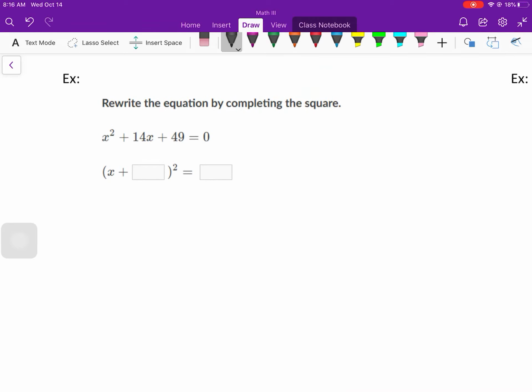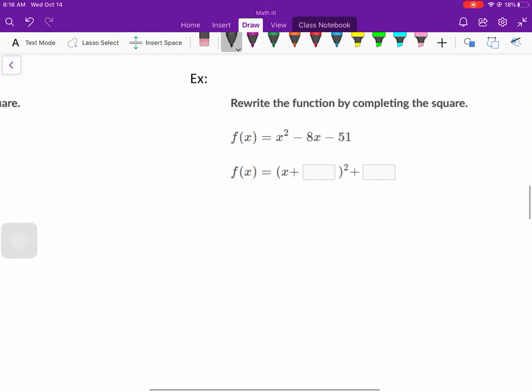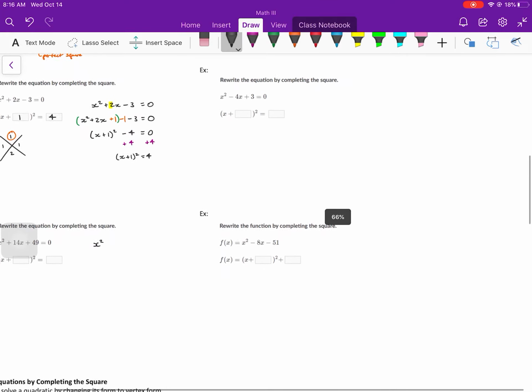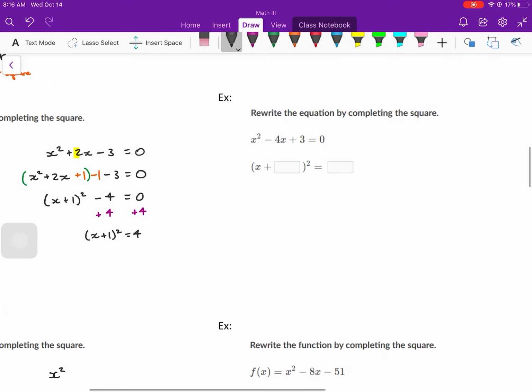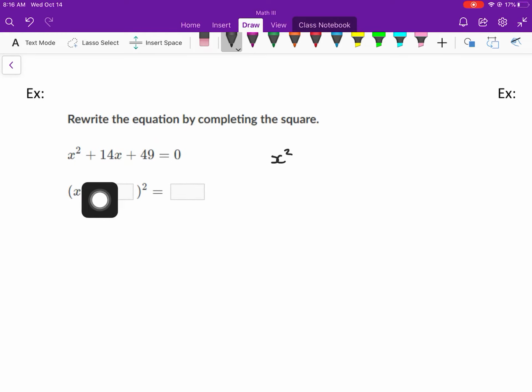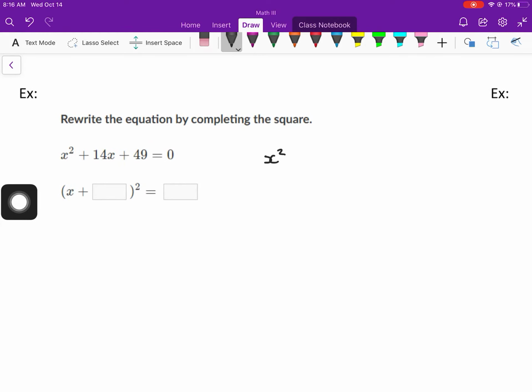In this example, we're going to go through the same thing. Oh wait, maybe it's this one that I wanted to go through. Let me see if we have one with odd numbers. Not yet. This one's kind of a special case because it's already a perfect square. What two numbers add to 14? 7 and 7.